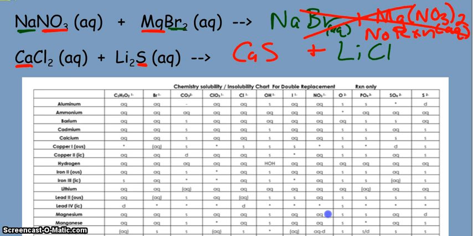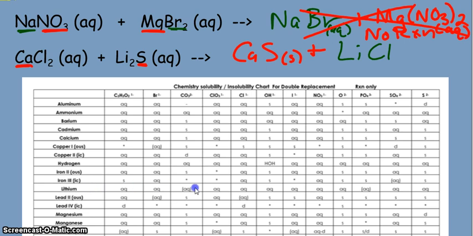So let's look for our calcium sulfide. So I've got calcium here, I'm going to come across all the way to the end, and we'll see that our calcium sulfide does make a solid. Now it is good practice to also confirm the other substance. So let's find our lithium.